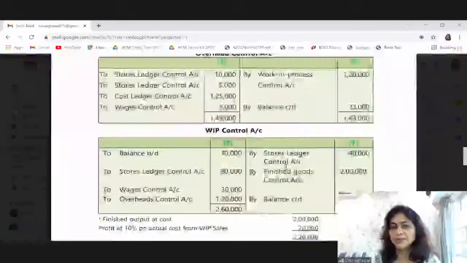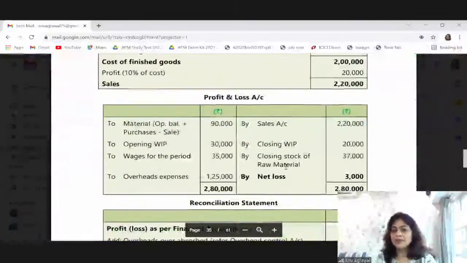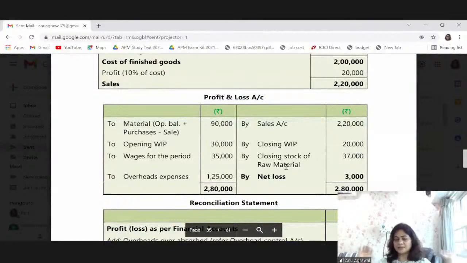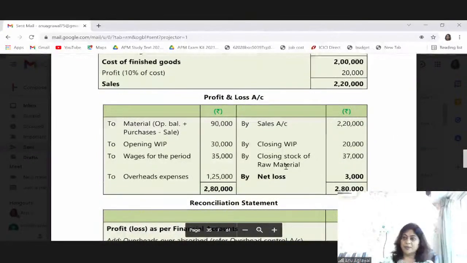Finish. That's it. Nothing else, because you're not bothered. That's only for your internal accounting, how much material you had, how much you issued to production, how much you issued for overhead, how much came back. That's not relevant for financial accounts.